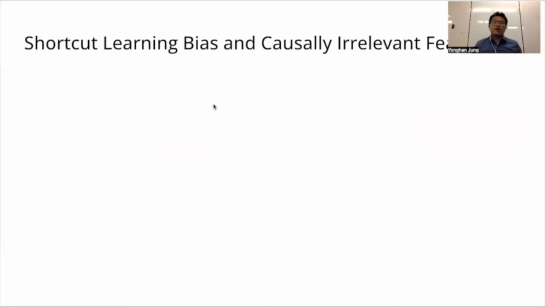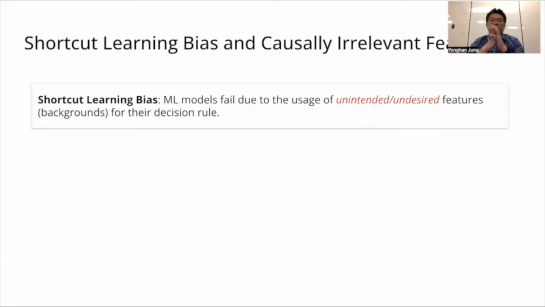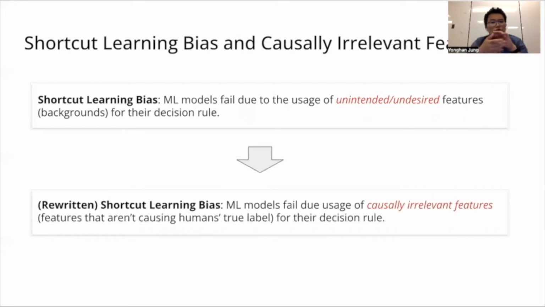So this actually relates shortcut learning bias and causally irrelevant features. Previously, shortcut learning bias was defined as a machine learning model failure due to the usage of unintended and undesired features. And now we can rewrite this as follows: the machine learning model fails due to the use of causally irrelevant features.